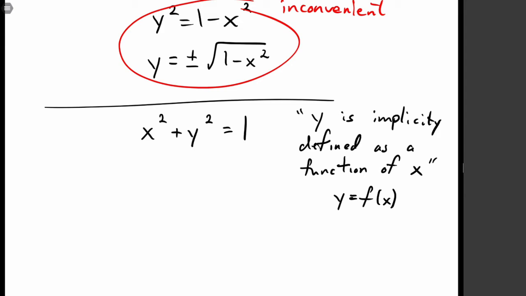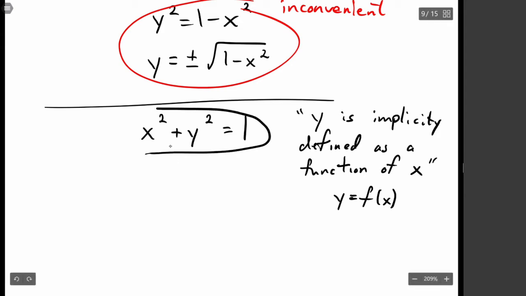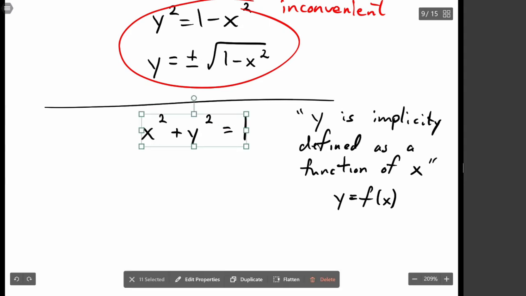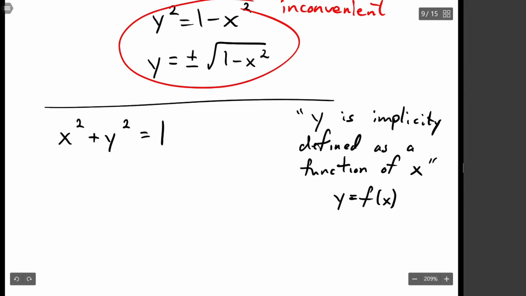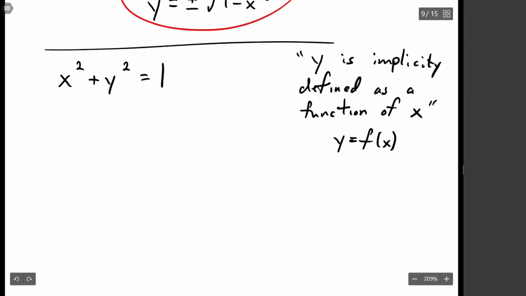Actually, I'm going to move this over a little bit. All right, so what we can do then is the exact same kind of trick we use to differentiate the logarithm. We're going to take the derivative of both sides of this equation.